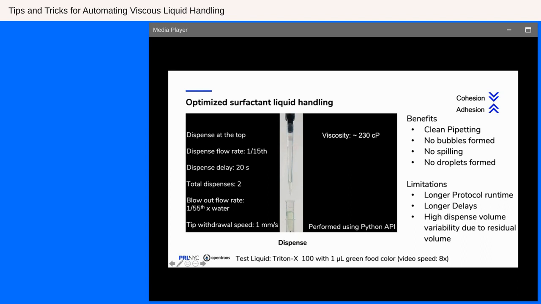If you want to compensate with a faster time, then use multi-dispense steps, or just consider there will be some residual volume, yet you can dispense at a much higher speed. Or if you want a complete clean dispense, then a longer protocol runtime will be a problem. So that's a trade-off between a faster protocol and a slower protocol for surfactant liquids, the residual volume versus the runtime.